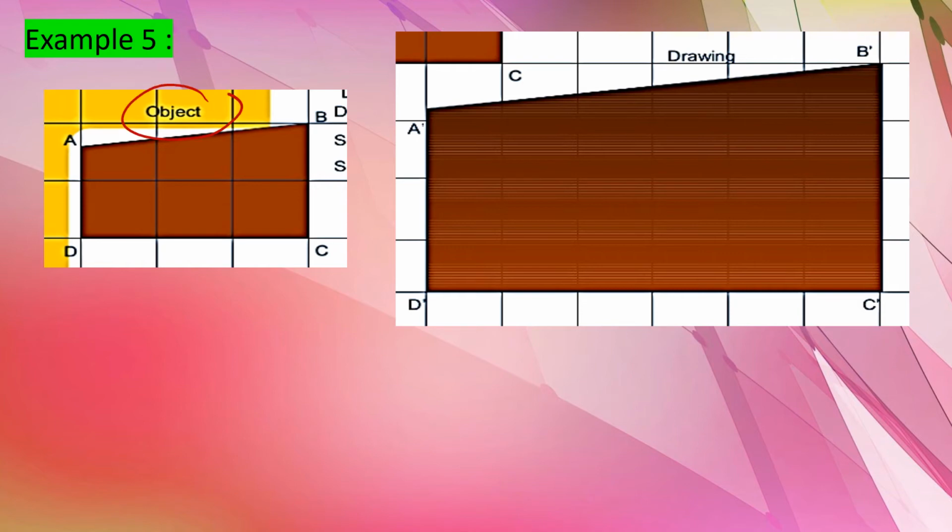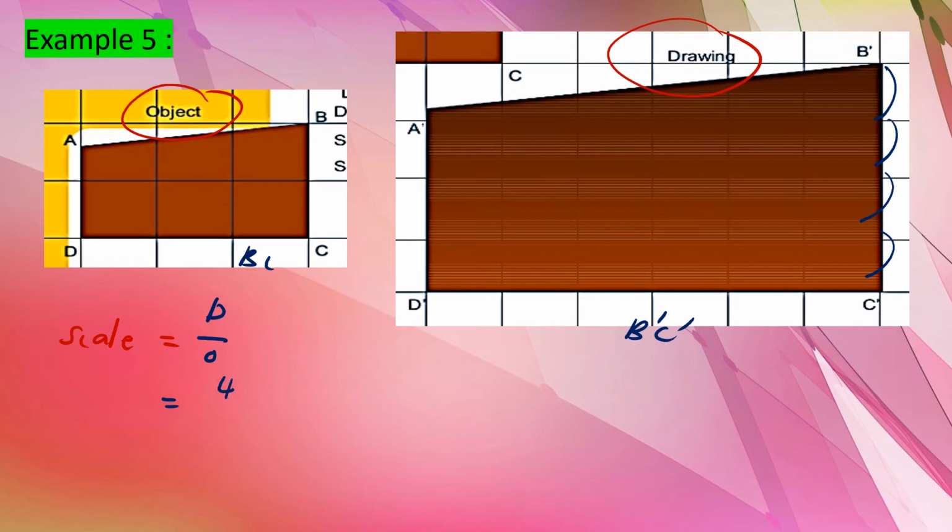Next example. This is the object and this is the drawing. Find the scale. Let's change to blue color. Drawing divided by object, right? For the length of the drawing, let's say we choose BC. So here we choose B prime C prime, and here we choose BC. How many boxes in the BC? 1, 2, 3, 4. So write 4 here, and the object, 1 and 2.